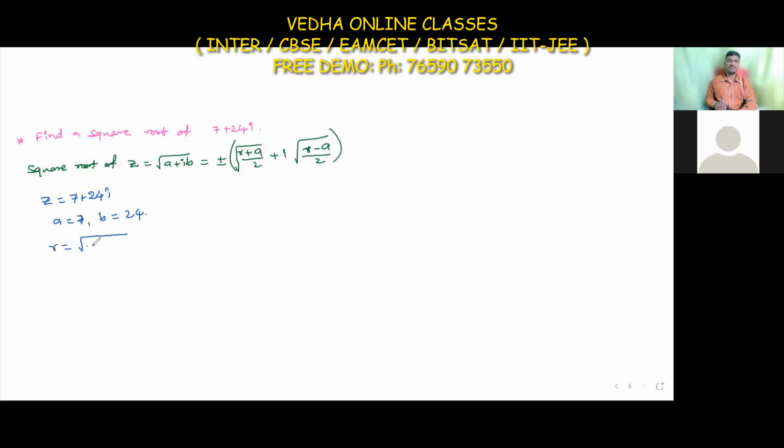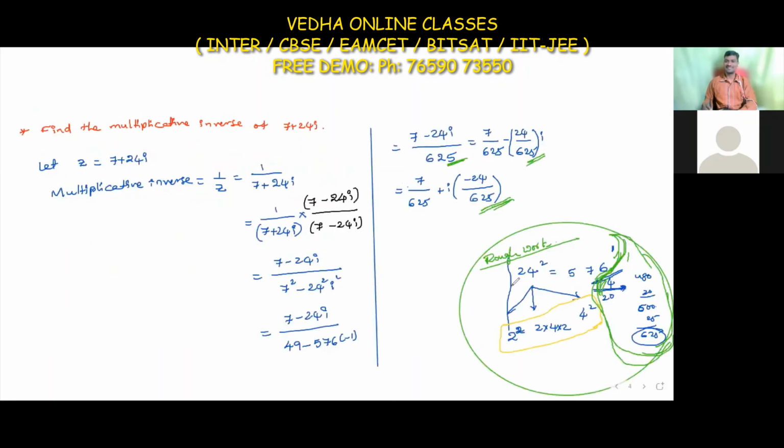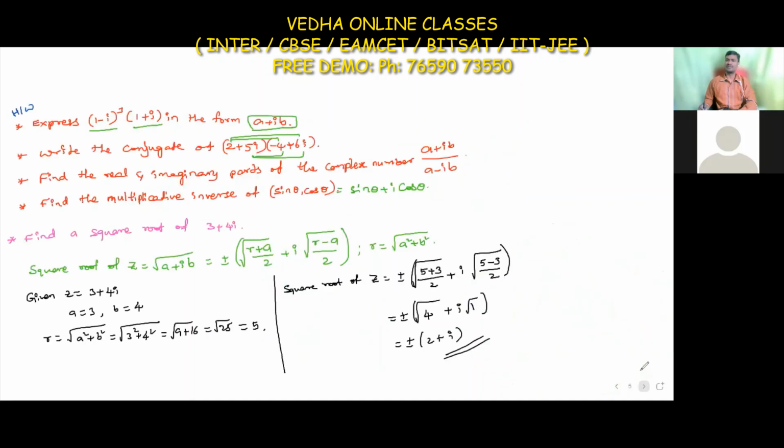r is the square root of a square plus b square. a is 7, so 7 square is 49, and b is 24, so 24 square. Just now we did it: 24 square is 576. Try to do it once with different numbers. If you practice, you can do it very fast.